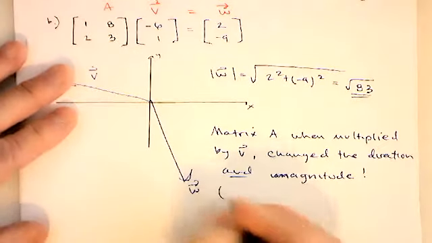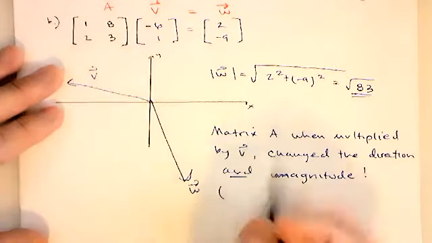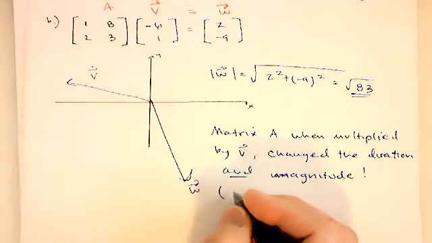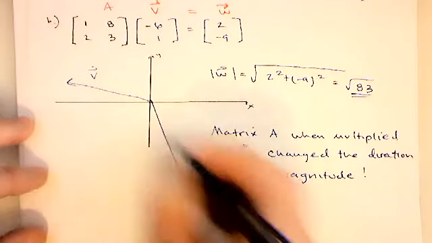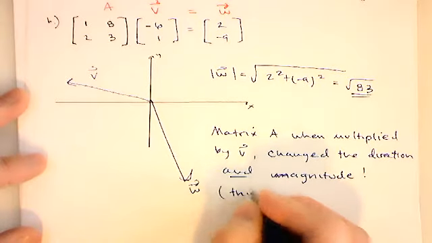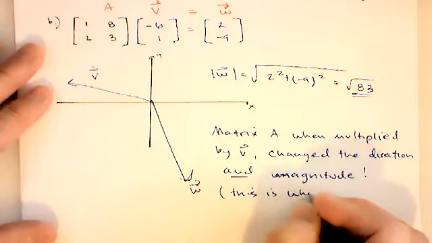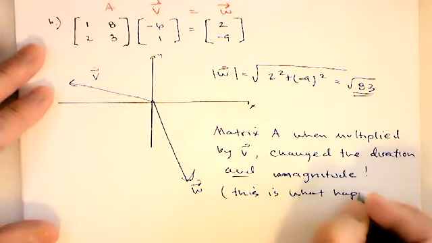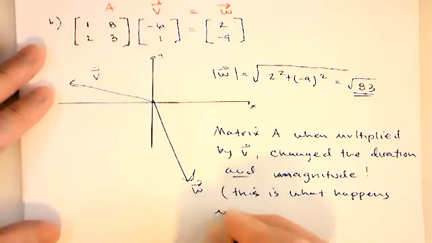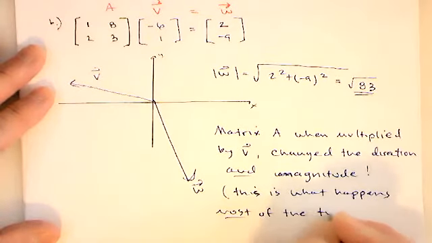And I'm just going to put in here, this is what happens most of the time. If you give me a random matrix and I multiply it by a vector, this is what's going to happen most of the time. It's going to give you a completely different vector.